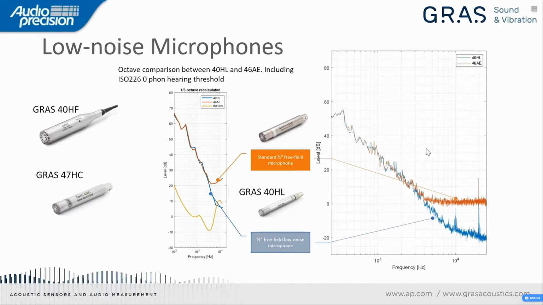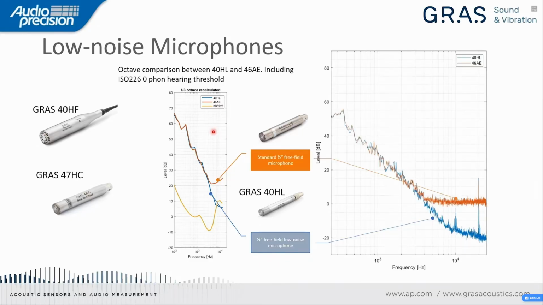Here we can see an example of how and why low noise microphones are useful tools. So on the following charts, we can see measurement results of a signal that is very close to the noise floor of a standard measurement microphone. This could be the measurement of a fan noise from a laptop. It is actually not, but it's a great example.